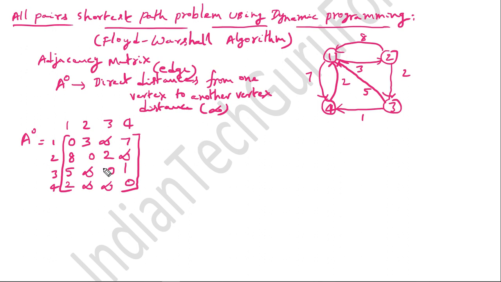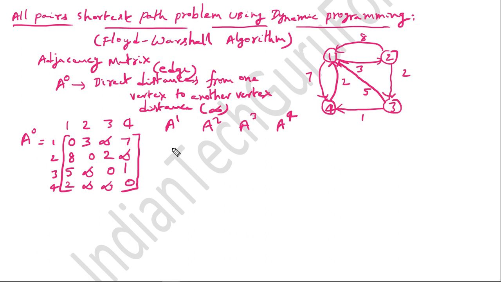However, we need to calculate A power 1, A power 2, A power 3, and A power 4. As there are 4 vertices, we need to calculate up to A power 4. To calculate these values, we will be implementing one specific formula.